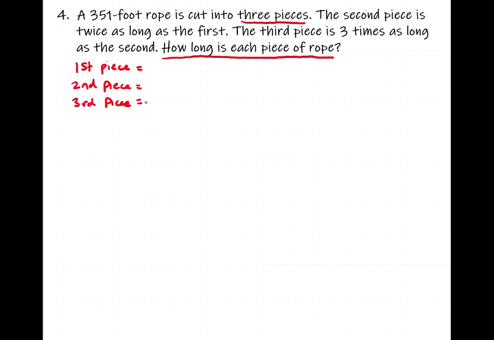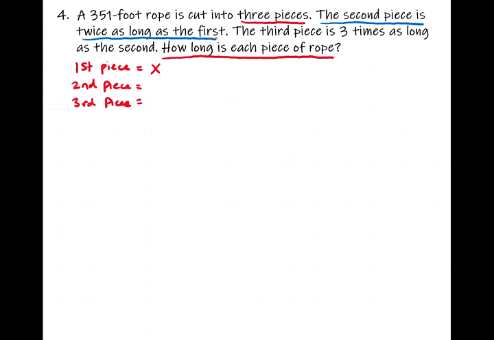So the second sentence says the second piece is twice as long as the first. And the third piece is 3 times as long as the second. So if we let the first piece be x, then the second piece is twice as long as the first.